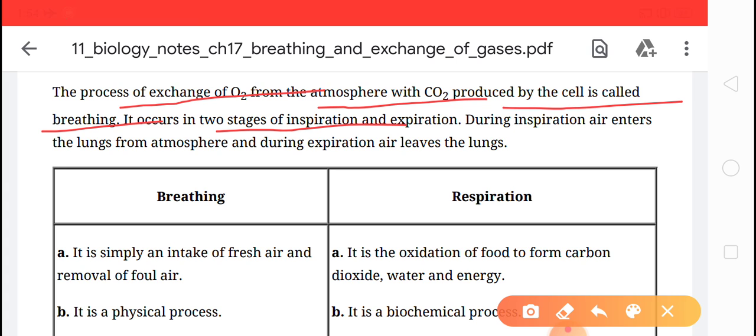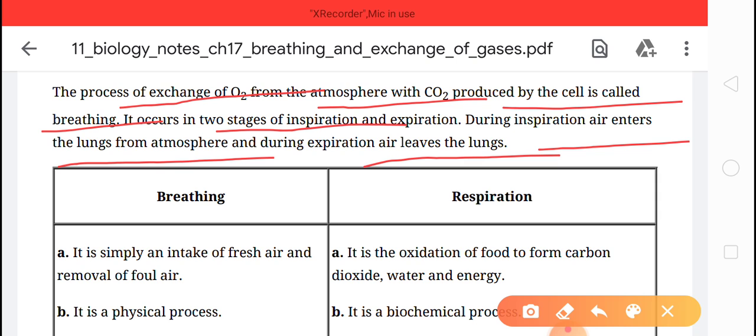During inspiration, air enters the lungs from the atmosphere, and during expiration, air leaves the lungs. Okay, clear children?